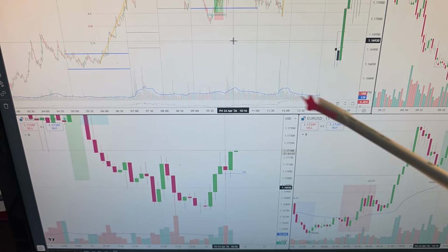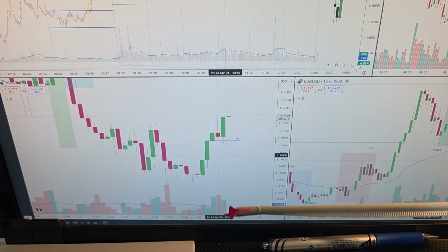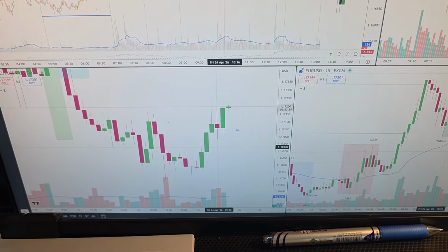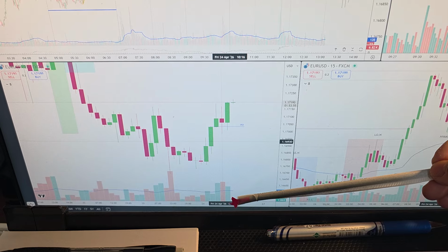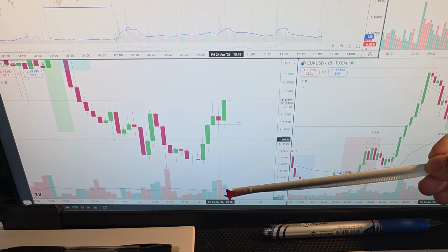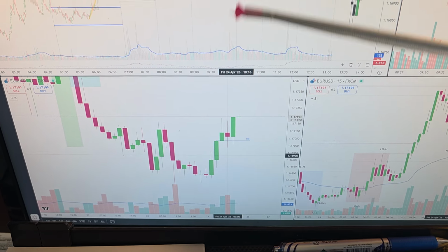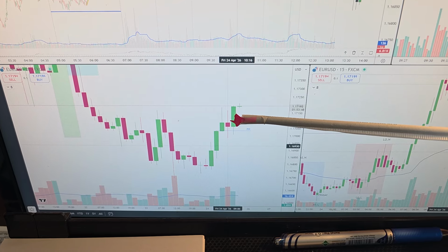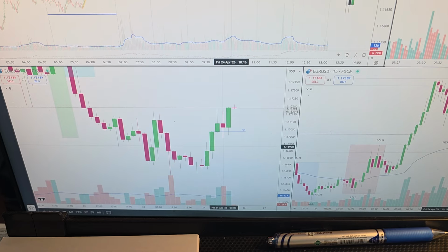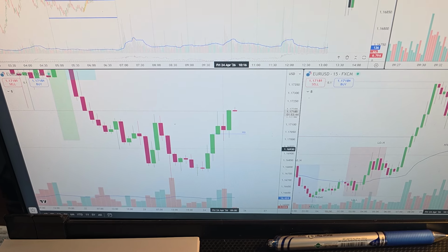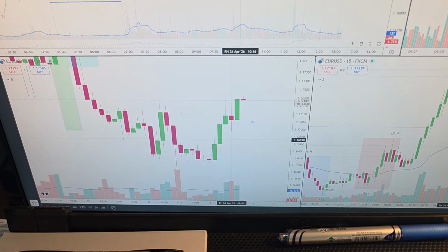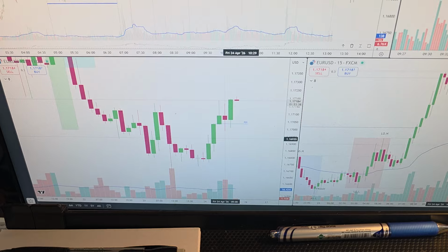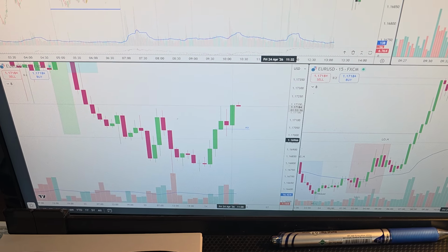Apparently the Euro USD is kept on a 2-hour candle at odd numbers, 9 to 11. So this red candle starts at 9 a.m. and ends at 10:59 and 59 seconds before the 11 o'clock 2-hour candle starts.